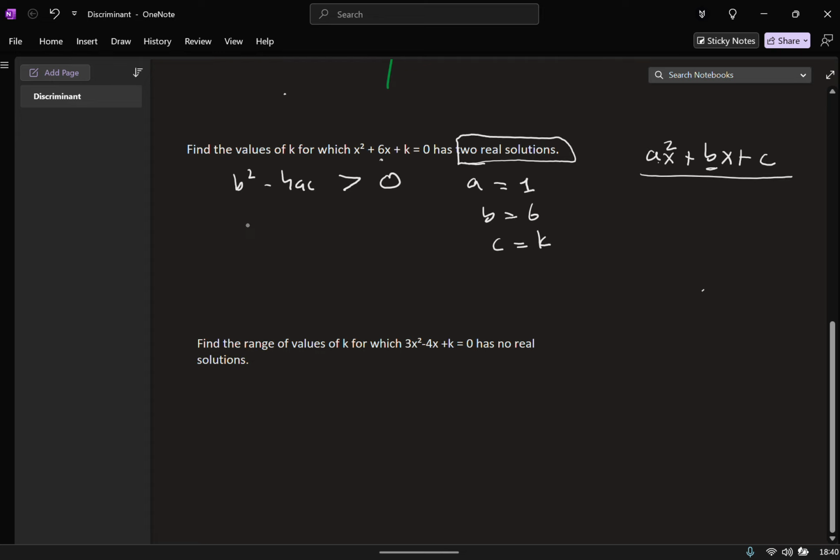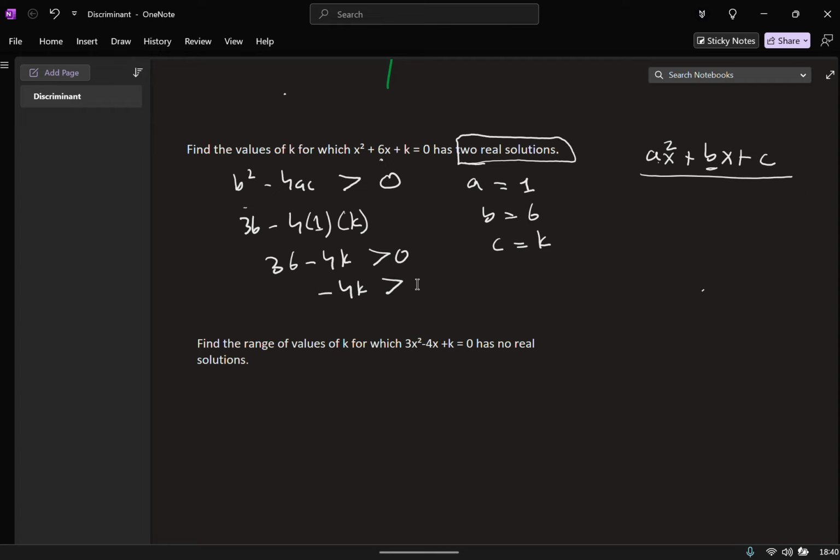Now let's put that into our formula. We have b squared, so 36, minus 4 times 1 times k, so 36 minus 4k.